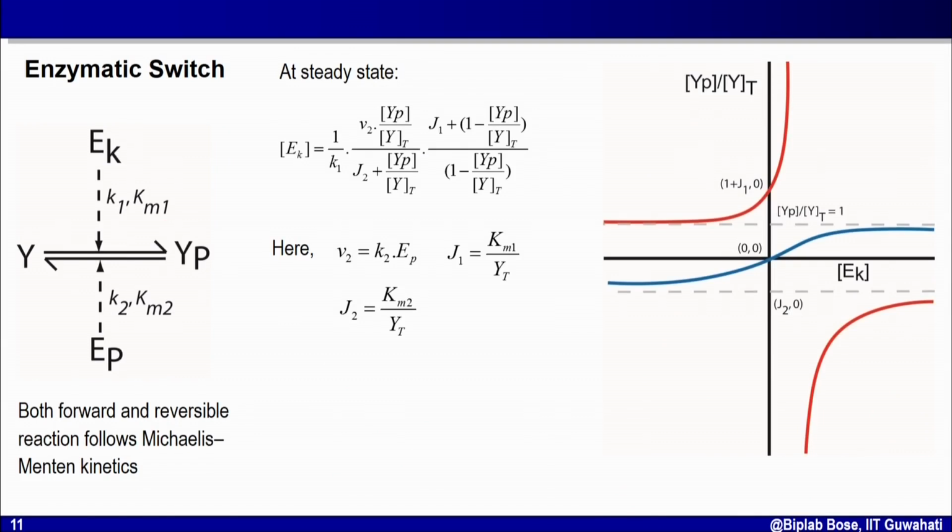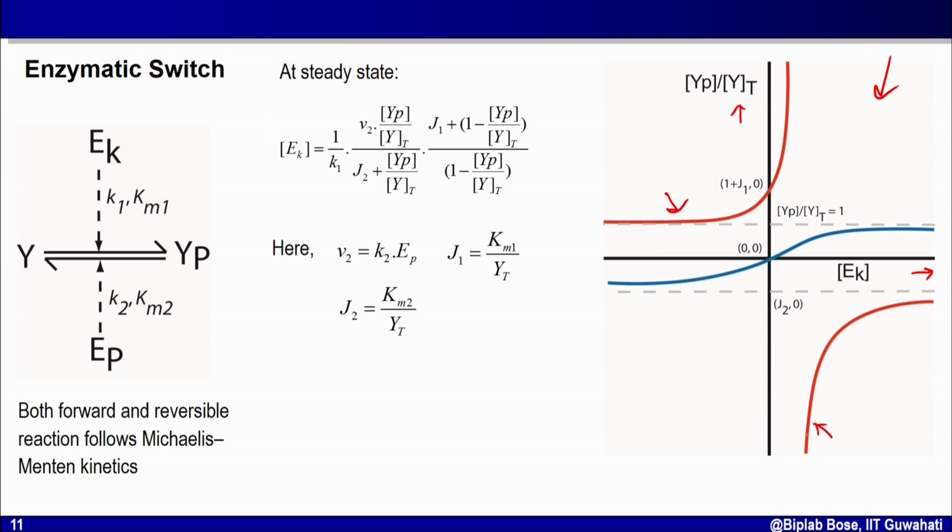So if I try to plot this Ek versus Yp by Yt, I get this type of plot. Pay attention to this plot. I have these two red lines here. In the horizontal axis I have Ek, and in the vertical axis I have Yp by Yt, the fraction of Y phosphorylated.